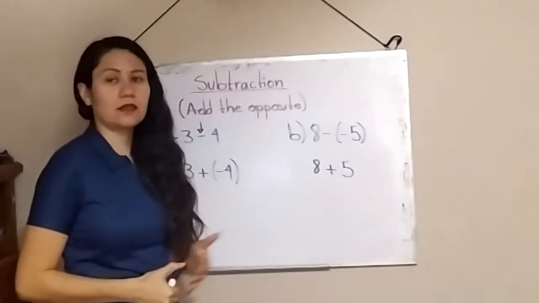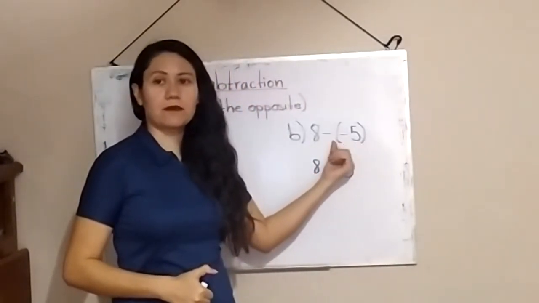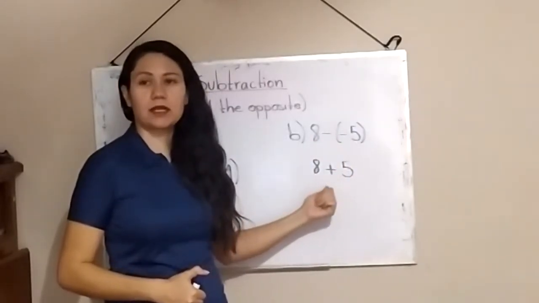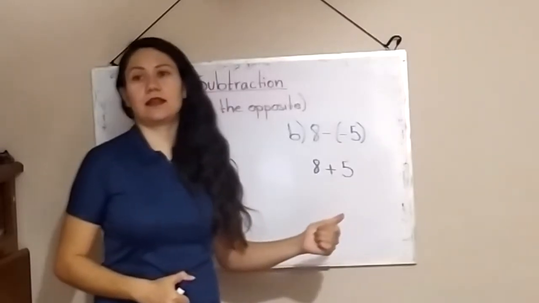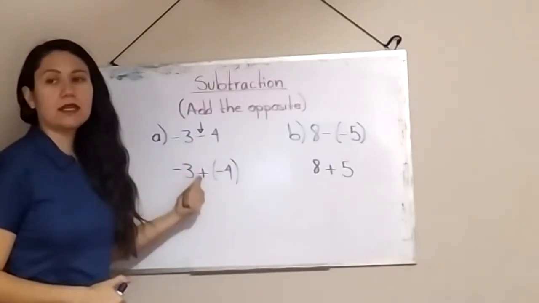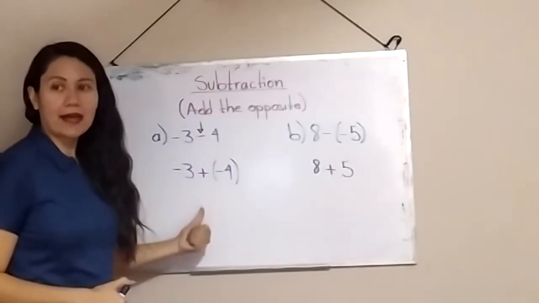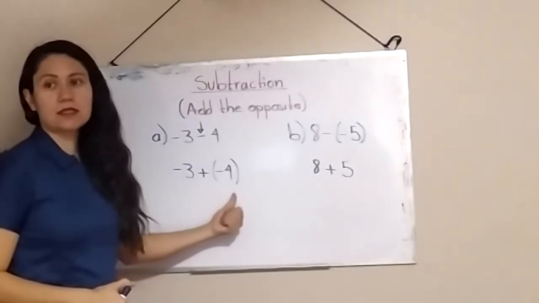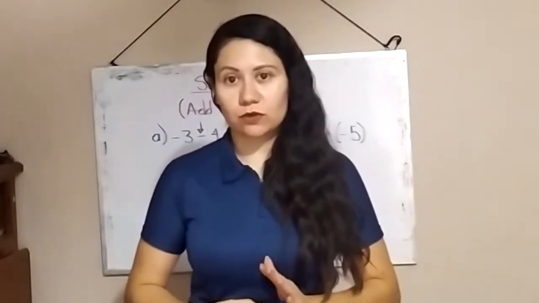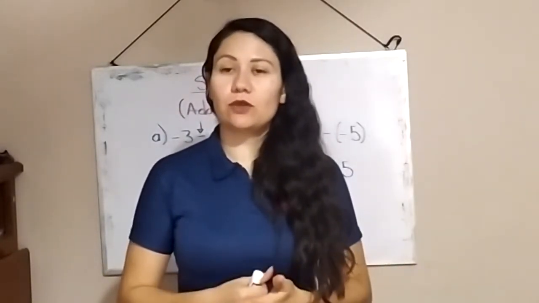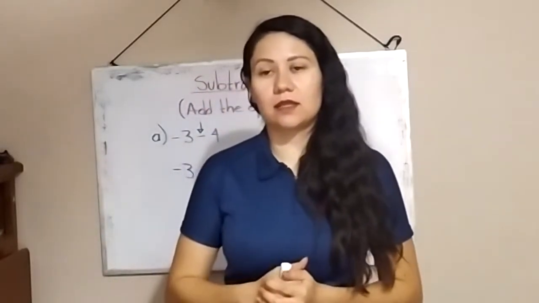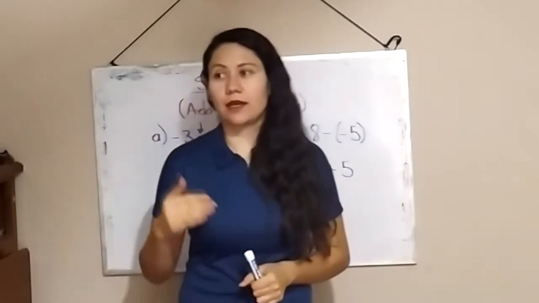So, subtracting negative 5 from 8 is the same as adding 5 plus 8. And subtracting positive 4 from negative 3 is the same as if we were adding negative 3 plus negative 4. Okay, we are going to have the same result. And we are going to be using the rules of addition in order to make these operations.